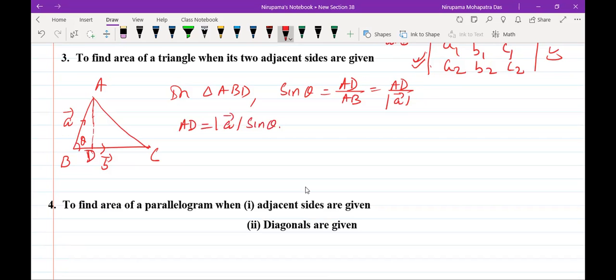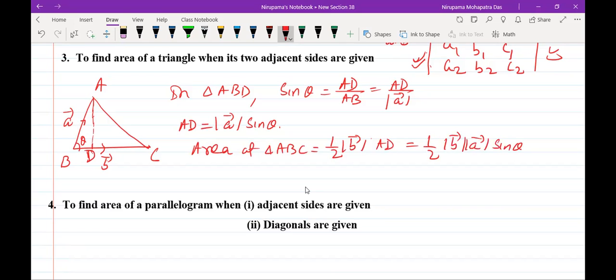Now the area of triangle ABC is equal to half base. Base means magnitude of B, into altitude. So it is half magnitude of B into magnitude of A sine theta.